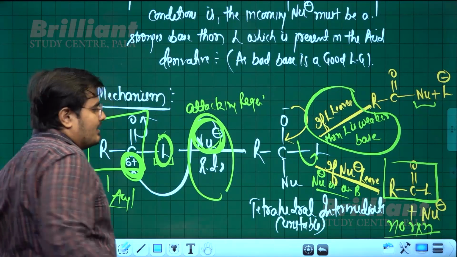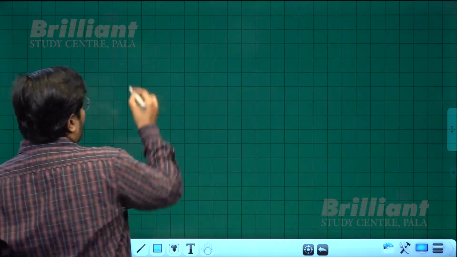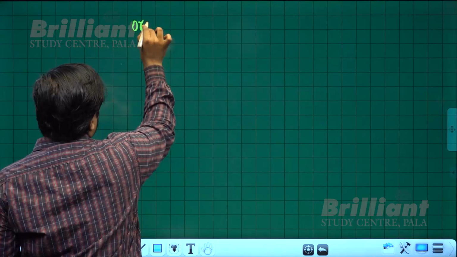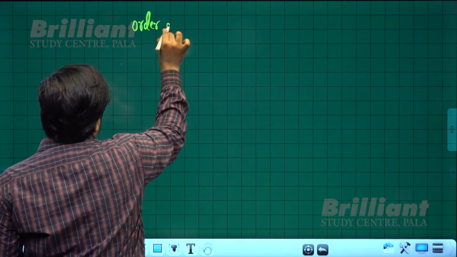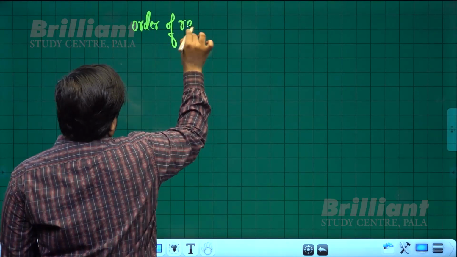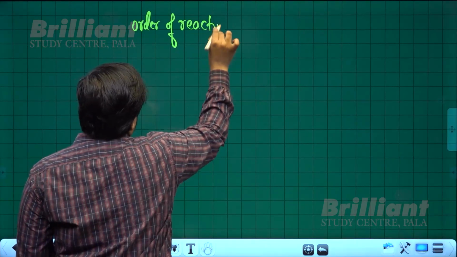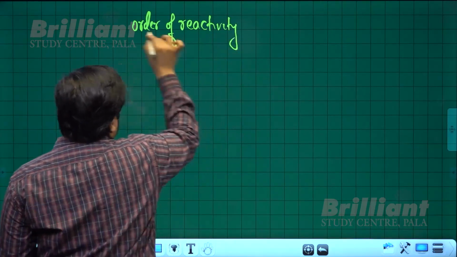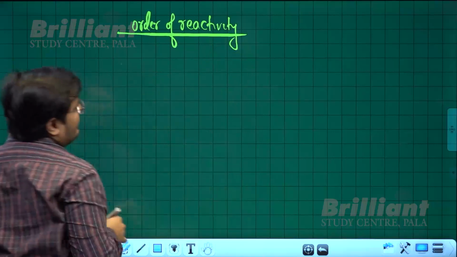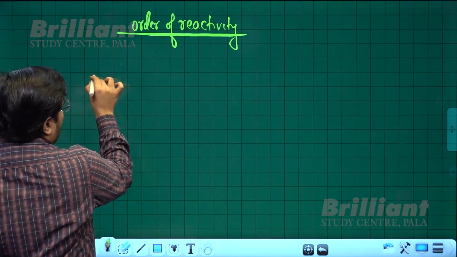So one last thing that we will discuss is the order of reactivity of different carboxylic acid derivatives towards nucleophilic substitution reaction.